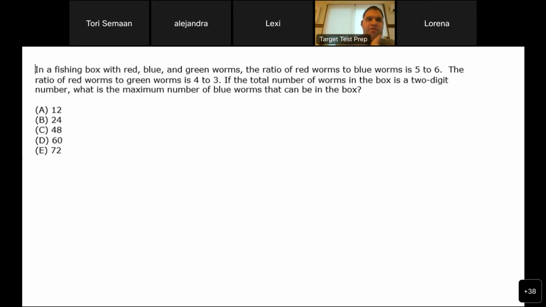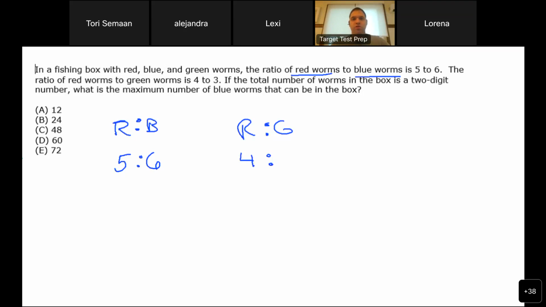All right, so we have red to green, right? Which is 5 to 6. And we have, sorry, red to blue. And then we have red to green is 4 to 3, right?